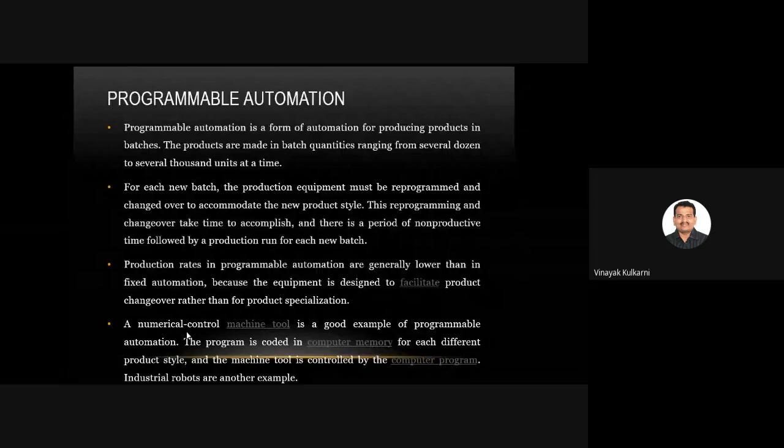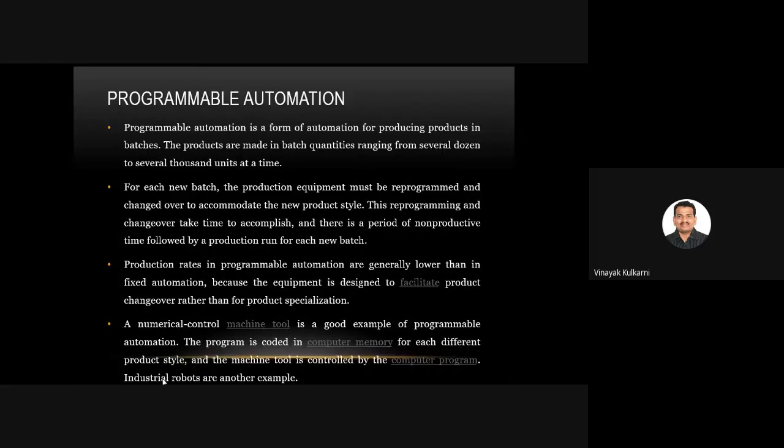The smaller 10 rupee one is plain. The bigger one has checks in it. So all these things, the die has to be changed over. So changeover time will have some lag. There is a period of non-productive time. Non-productive time means while this changeover is happening, you cannot produce any product. Followed by a production run for each new batch.